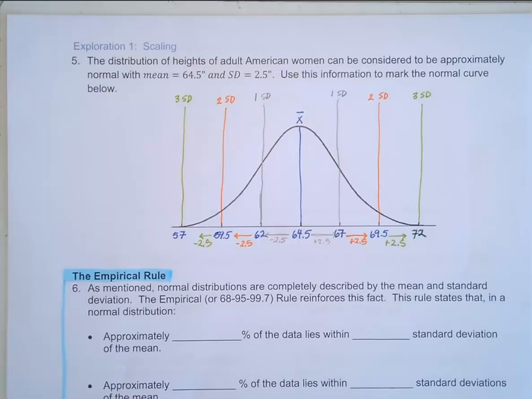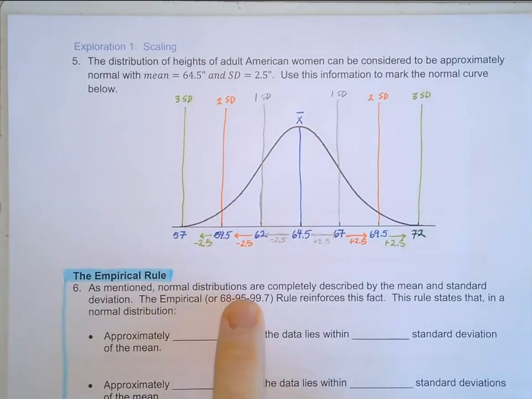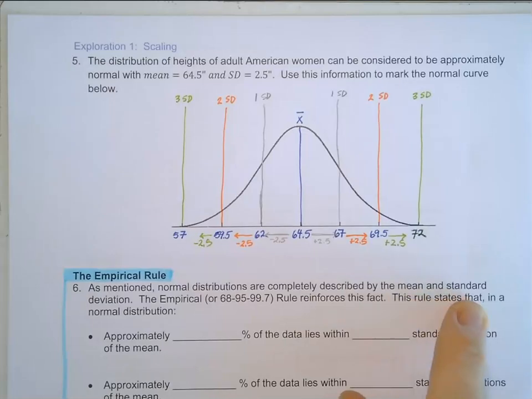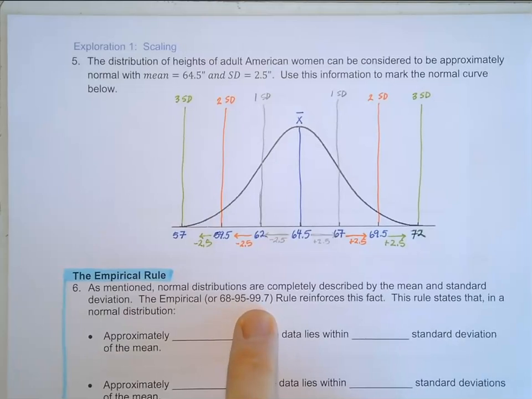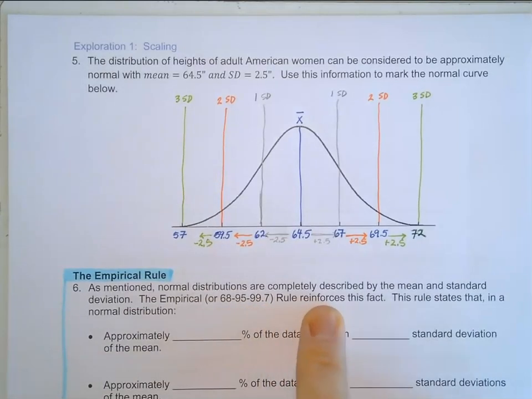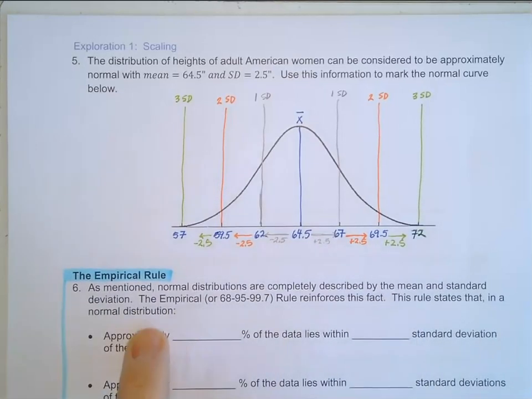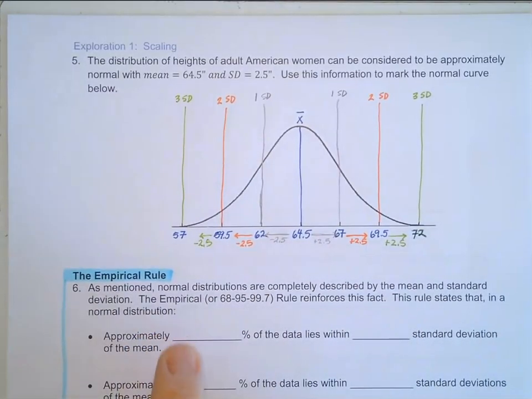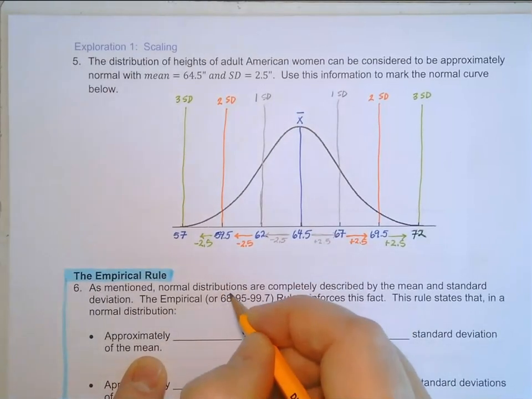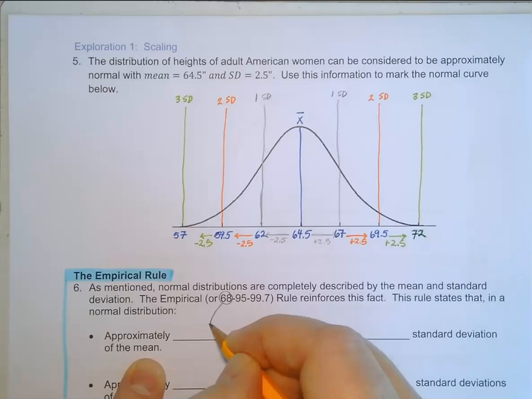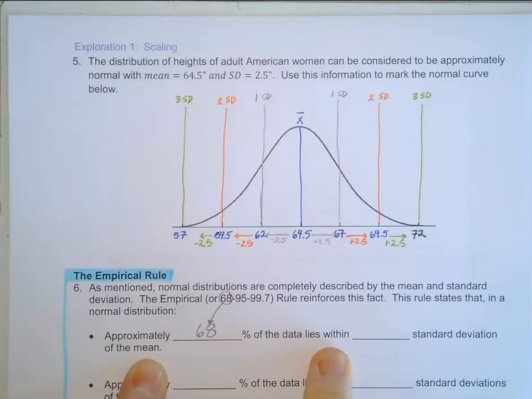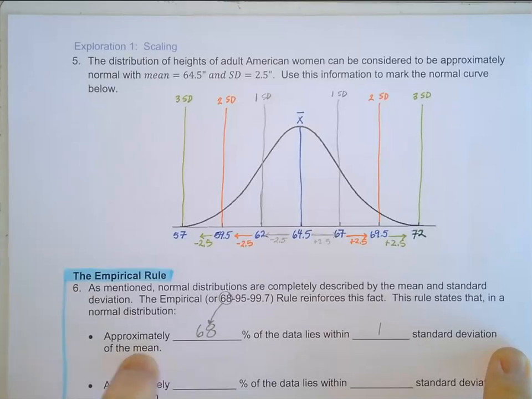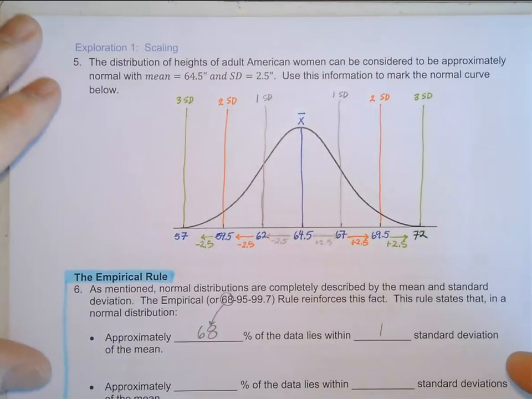So the empirical rule, as mentioned, normal distributions are completely described by the mean and standard deviation. The empirical rule, or the 68, 95, 99.7 rule, reinforces this fact. This rule states that in a normal distribution, approximately 68, this first 68 here, represents 68% of the data is going to lie within 1 standard deviation of the mean, going in both directions of the mean.